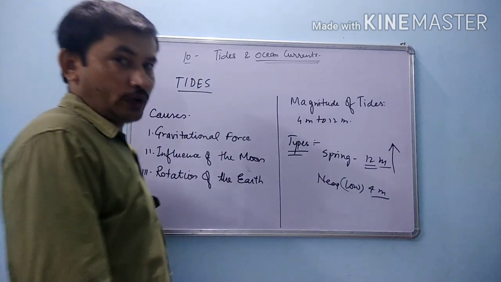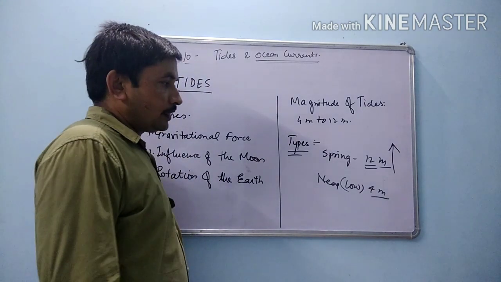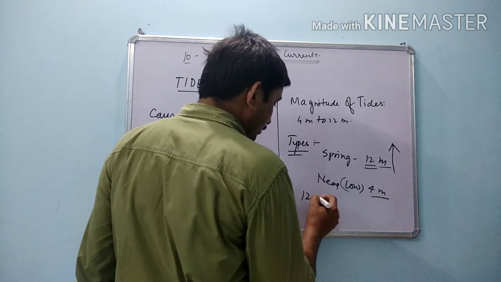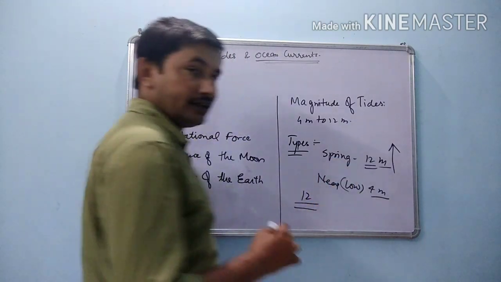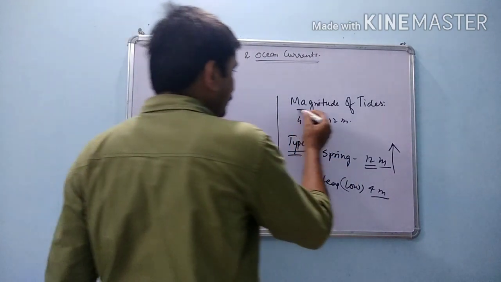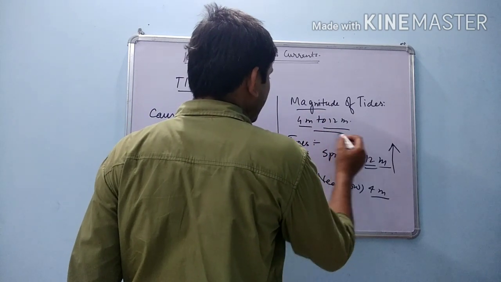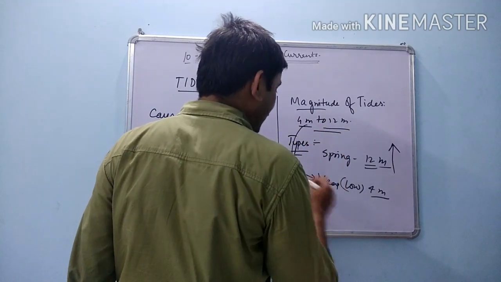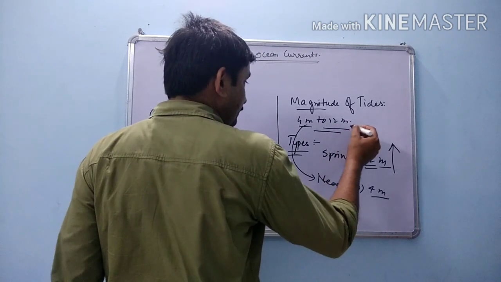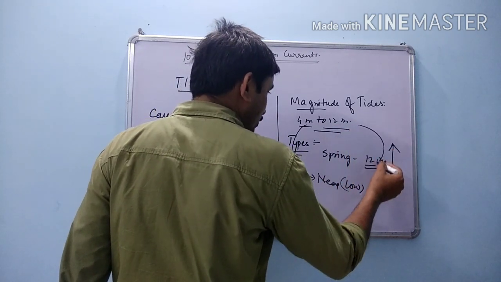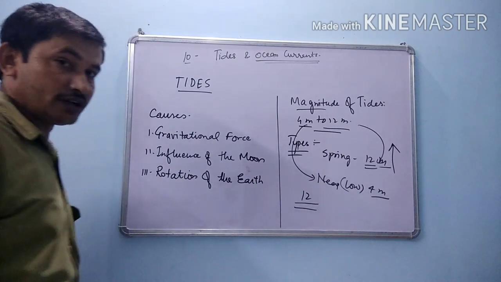In a day, approximately twice, after every 12 hours, you will notice it taking place. So the magnitude is 4 meters to 12 meters: 4 meters for neap or low tides, and 12 meters for high or spring tides.